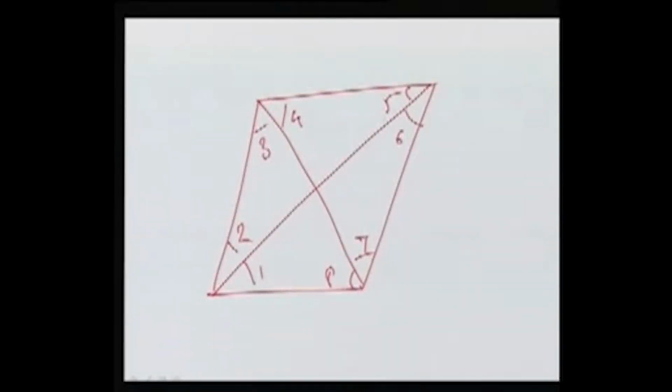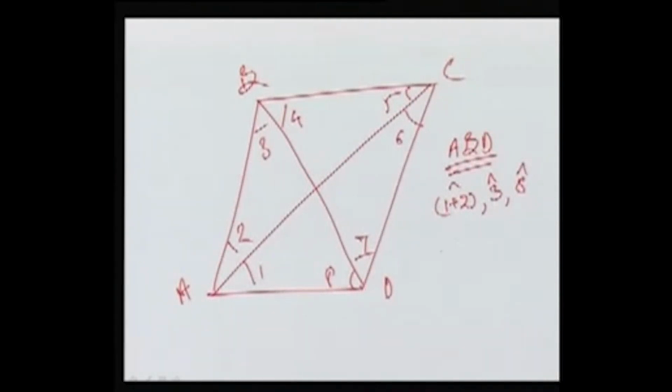If I adjust, for example, a triangle, let me name the points A, B, C, D. If I adjust only the triangle A, B and D, I will have 1 hat, 2 hat, 3 hat and 8 hat, the adjusted values.